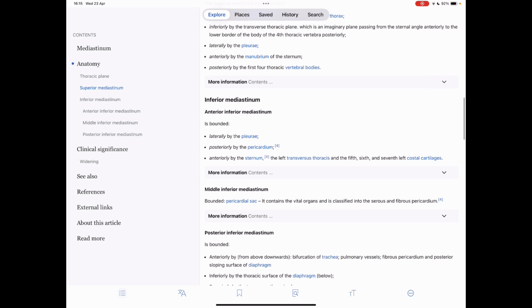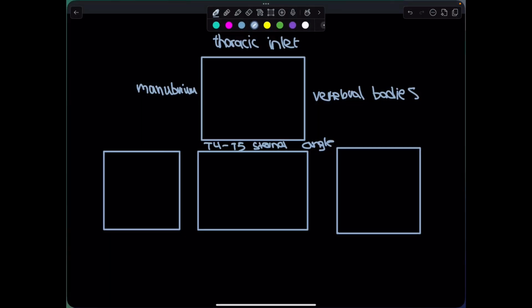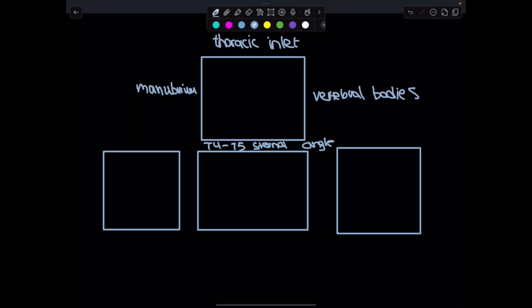Yes, your description of the superior mediastinum boundaries is correct. Superiorly, by the thoracic inlet. Anteriorly, by the manubrium. Inferiorly, by the sternal angle, T4, T5 transverse thoracic plane. And posteriorly, by the T1, T4 vertebral bodies.